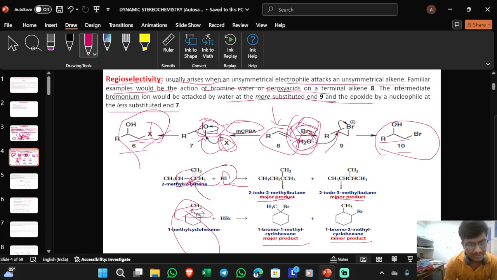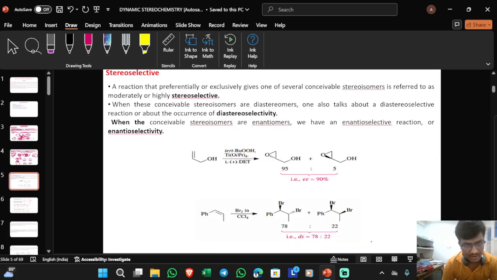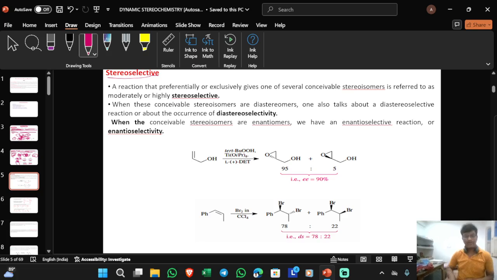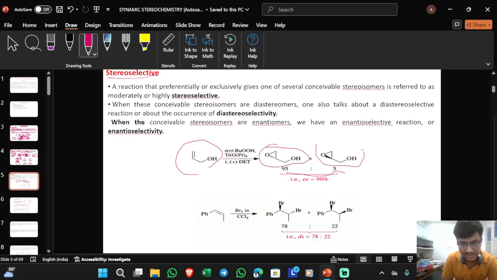Same example, another example. Now, this is regioselective. Regioselective means one compound is created from another, giving two molecules, but one molecule in more amount and the second molecule in less.